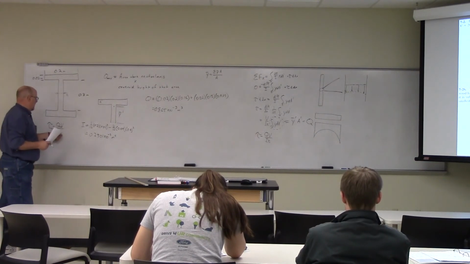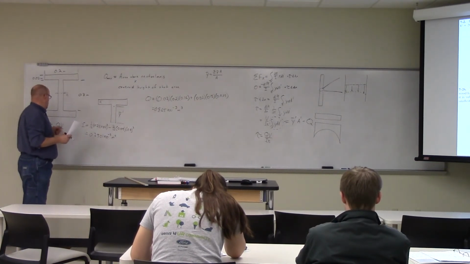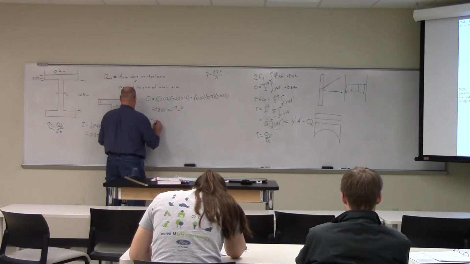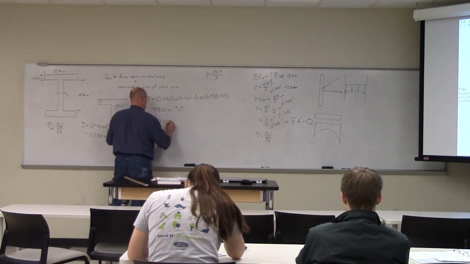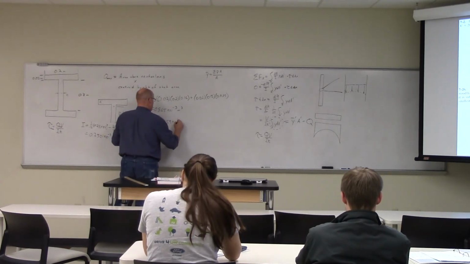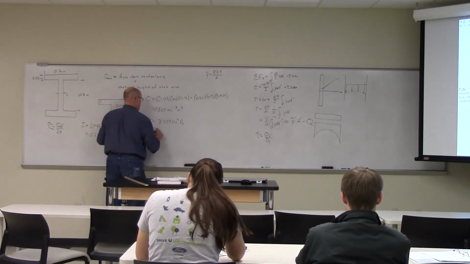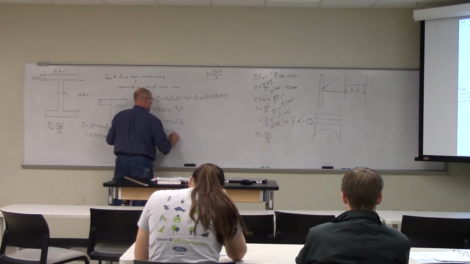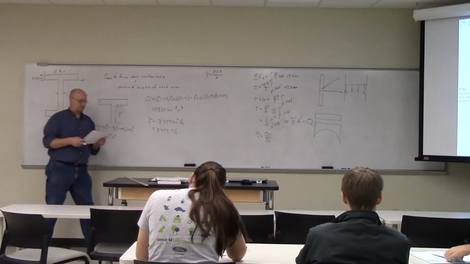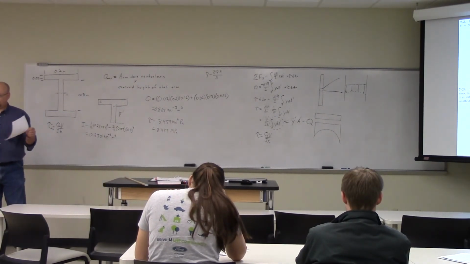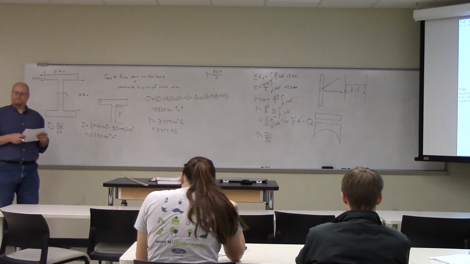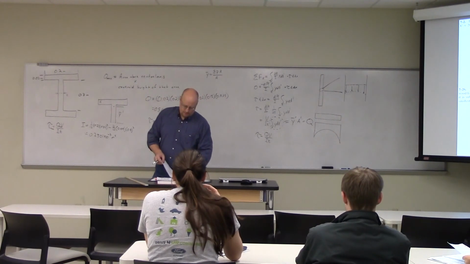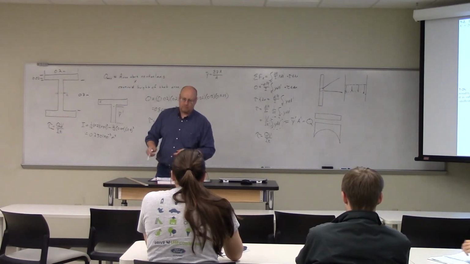Then plugging back in the thickness t of 0.02 and the V of 20 kilonewtons, we get tau equal to 3.459 times 10 to the 6th pascals, or 3.459 megapascals. Okay? Good. So hopefully that helps.